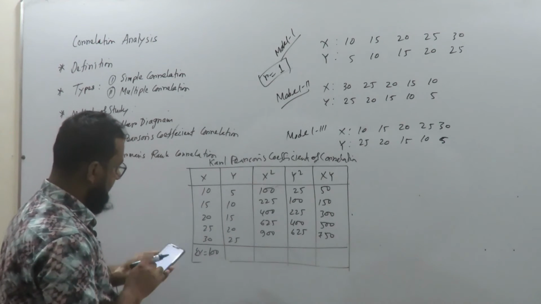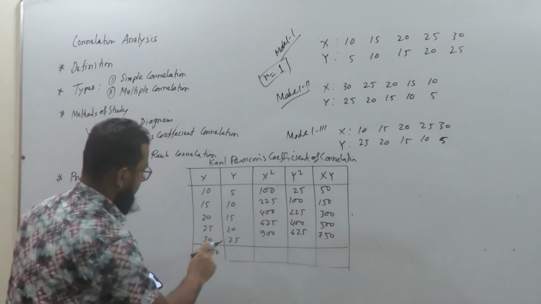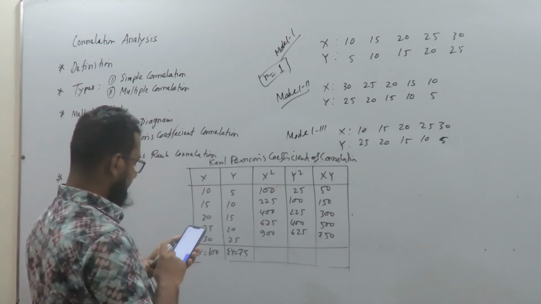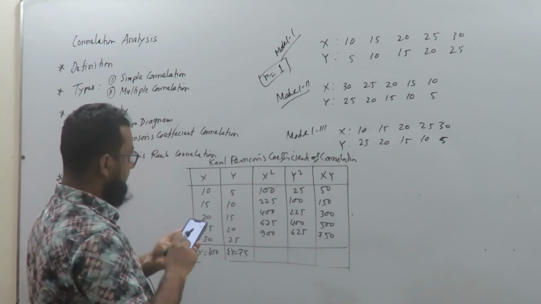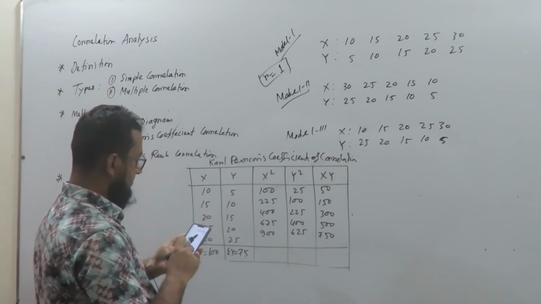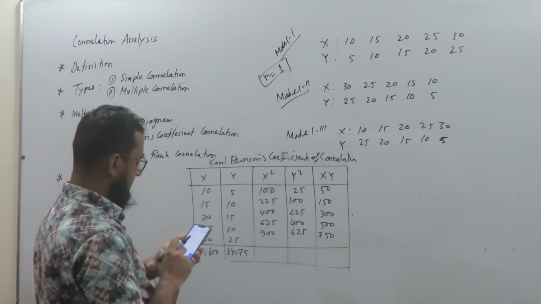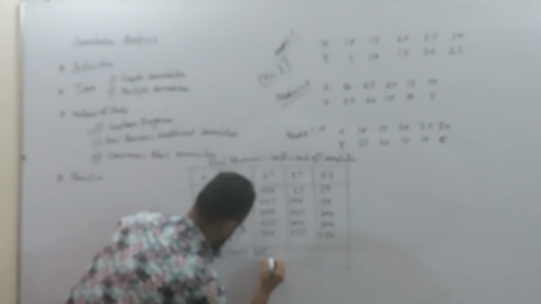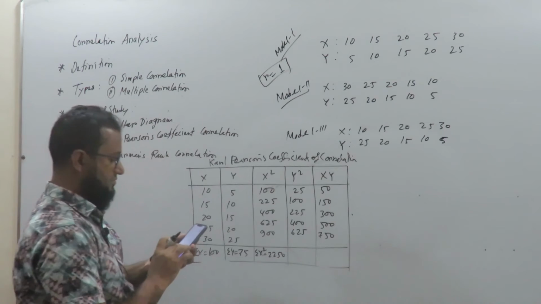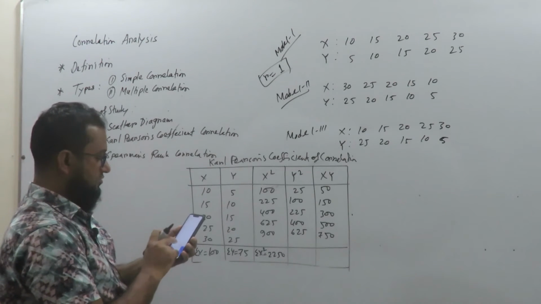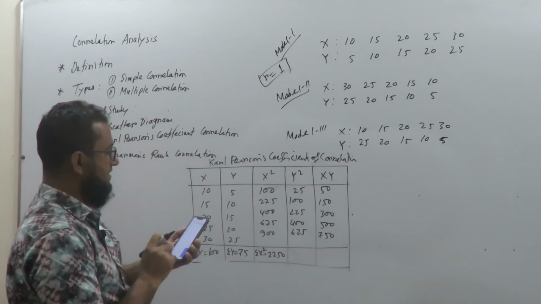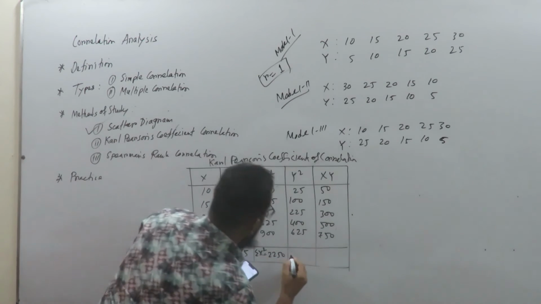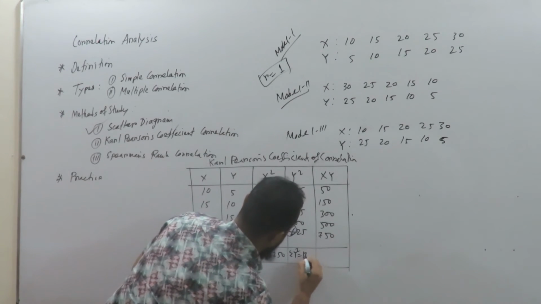Again 5, 10, 15, 20, 25, summation y equal to 75. 100 plus 225 plus 400 plus 625 plus 900, summation x square equal to 2250. 25 plus 100 plus 225 plus 400 plus 625, summation y square equal to 1375.